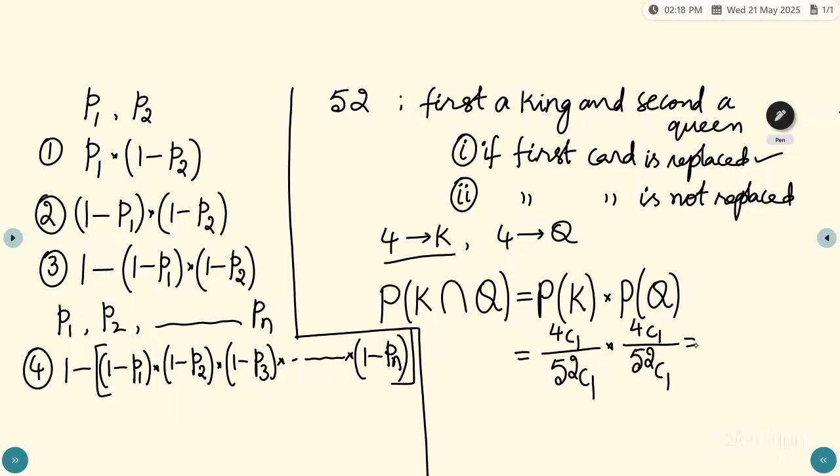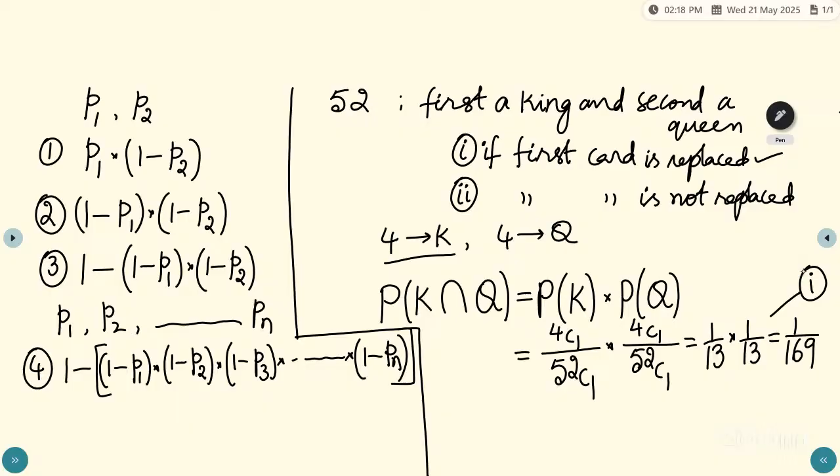What is the answer? 1 by 13 into 1 by 13, that is 1 by 169. Okay. This is for the first case. Write down: if the first card is replaced, the probability of drawing first a king and second a queen is 1 by 169. Is it clear?